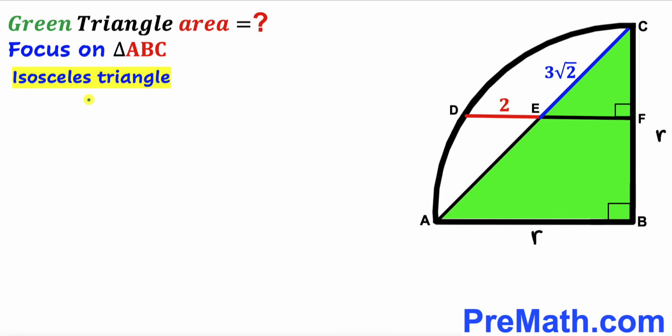So therefore we could see that this green shaded triangle ABC is our isosceles triangle, since this side length is equal to this side length. And since this triangle is isosceles, this angle has got to be 45 degrees, and likewise this angle is going to be 45 degrees as well.